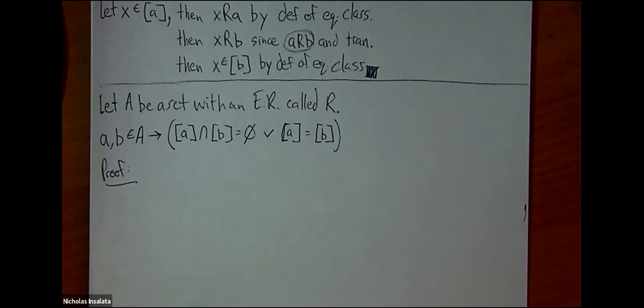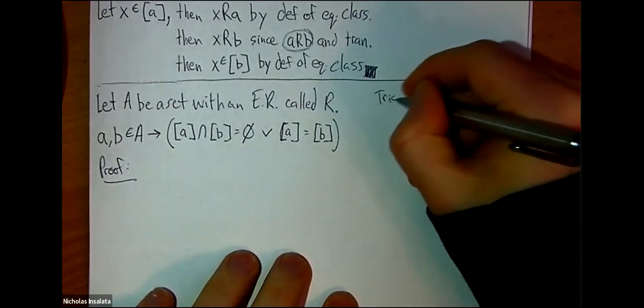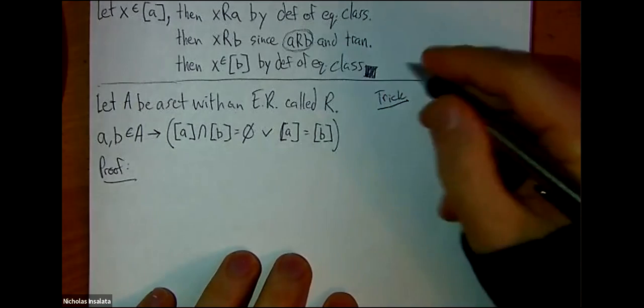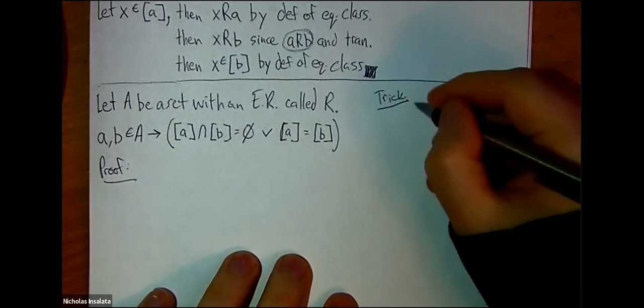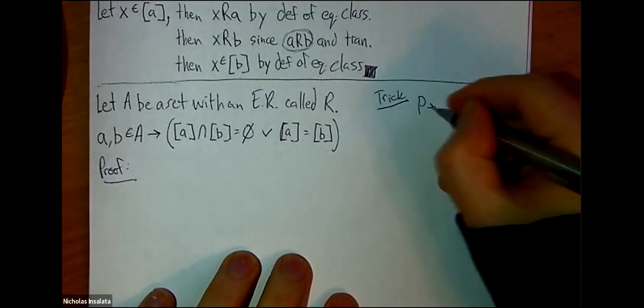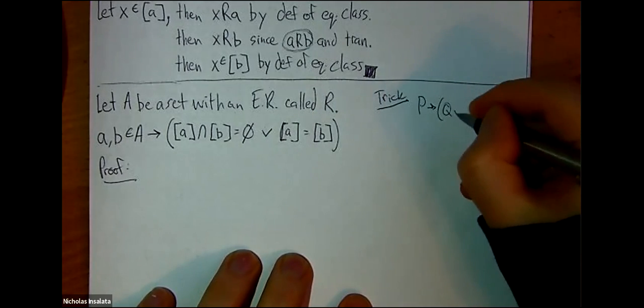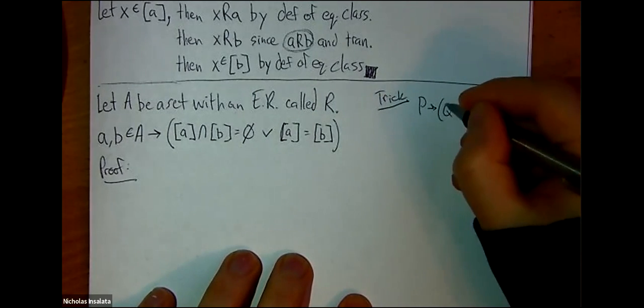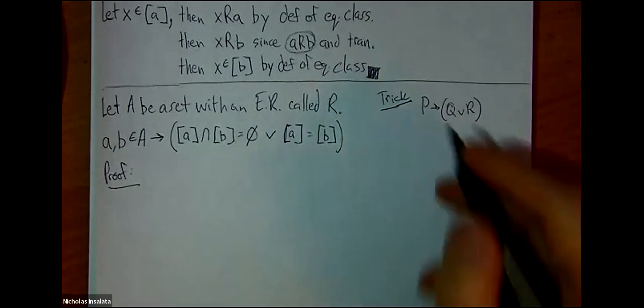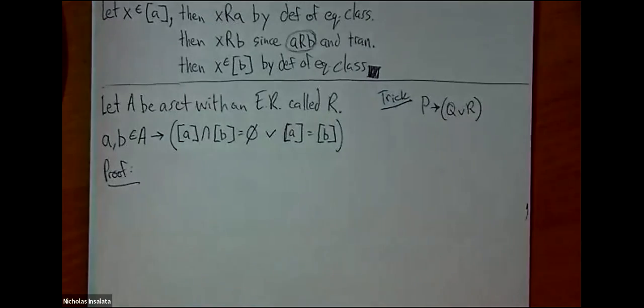All right. So we're going to start off with a sneaky trick. Okay. So here's the trick. If we have something of the form P implies Q or R, we can massage that logical statement into a different form that's going to be a little bit nicer for us to prove, right?